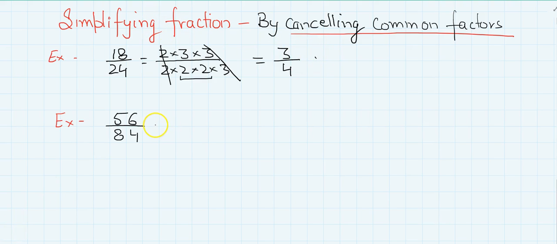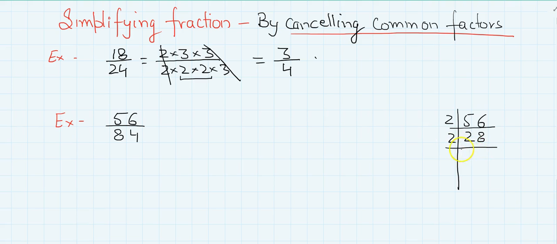Now let's say another example, that is 56 divided by 84. We have to write it in simplified form. So let's see the factors of 56. Let's divide it by 2. 2 times 2 is 4 and 2 times 8 is 16.